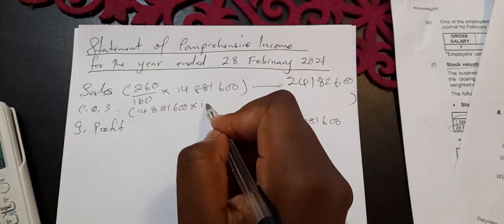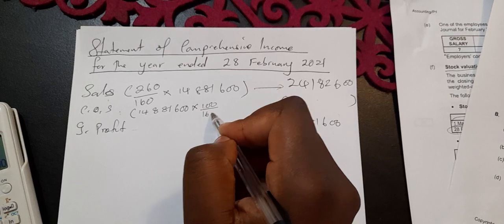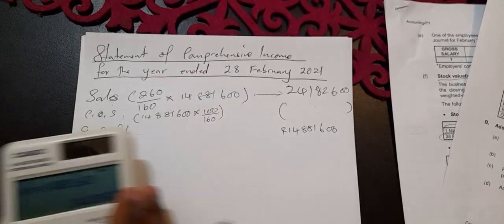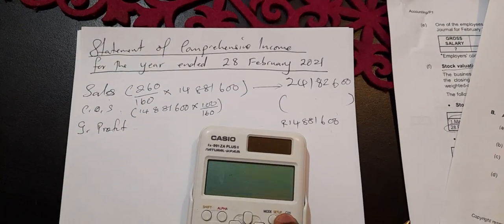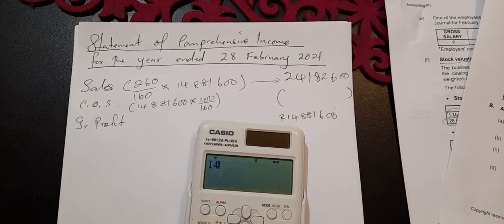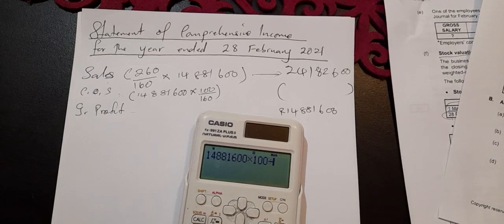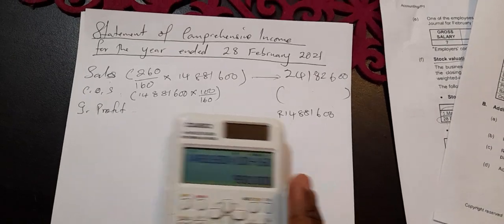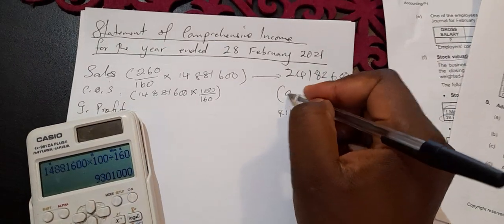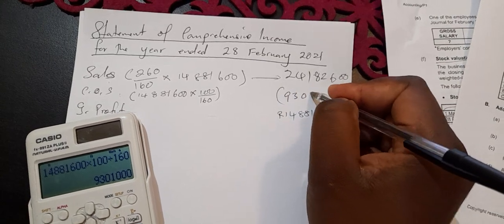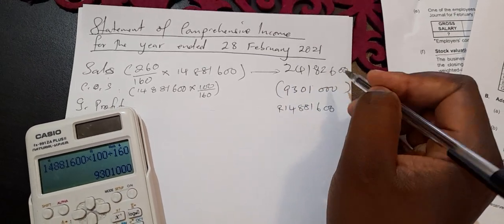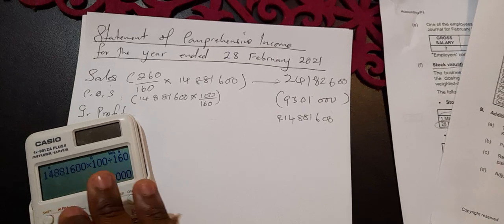Remember, cost is always 100%. We divide by 160. Let's see how much it gives us. 14,881,600 multiplied by 100 divided by 160 gives us 9,301,000.